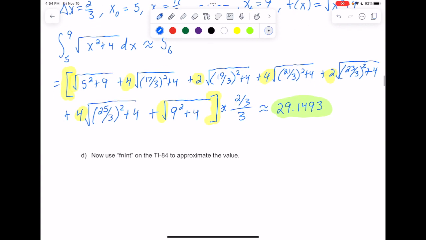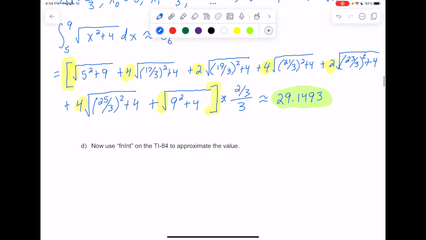If you want to know the right answer to this, Math 2 to the rescue, or better yet, for us right now, fnInt to the rescue. So we're going to do the integral now from 5 to 9 of the square root of x squared plus 4 with respect to x by putting it into fnInt.